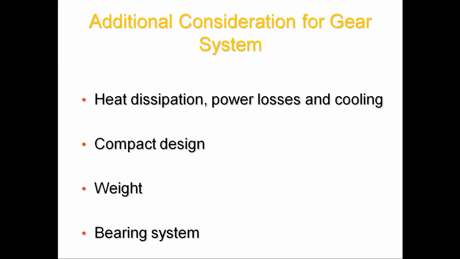Now, in the design of a gear system, additional considerations are heat dissipation and power losses. Sufficient cooling should be provided, and excess heat generated should be dissipated. The design should be compact since it is mounted at a very high level in the case of HAWT, and weight and the bearing matter, because frequent maintenance may not be possible.